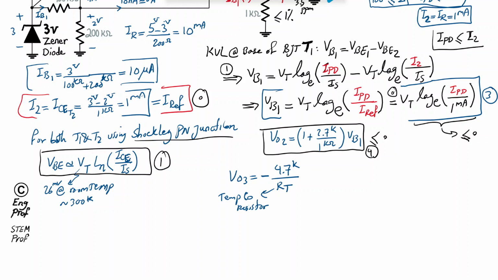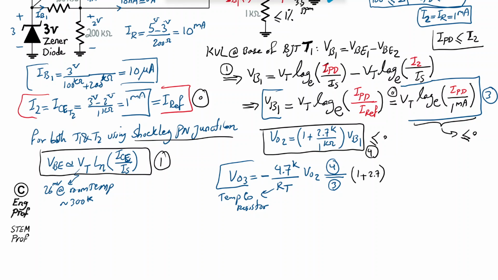If we don't need this minor further temperature compensation, we can just use 1 kilo ohm for this resistor, times Vout2. Now substituting using equation 4 for Vout2, and then using equation 3 for VB1, the value of Vout3, or the output of the circuit, therefore becomes 1 plus 2.7 over 1K, so 2.7 and plus 1 becomes 3.7, of course.